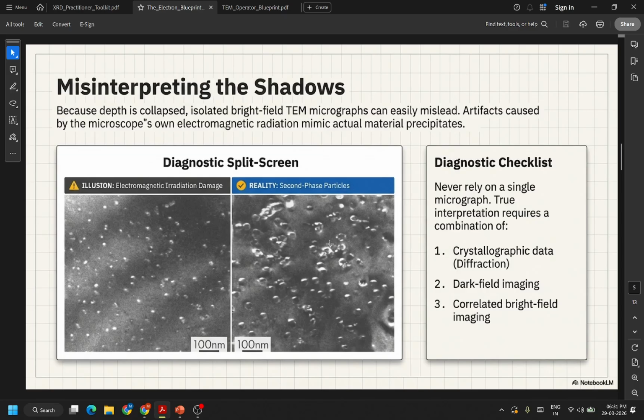You can see here in the two images, the first one is the damage caused by electromagnetic radiation, and the second one is the actual reading from second phase particles. And you can see both of them look very similar. Since there is no depth perception, we can't understand the difference between the two. So never rely on a single micrograph. True interpretation requires a combination of crystallographic data, dark field imaging, as well as correlated bright field imaging. Not just a single bright field photograph should be used.